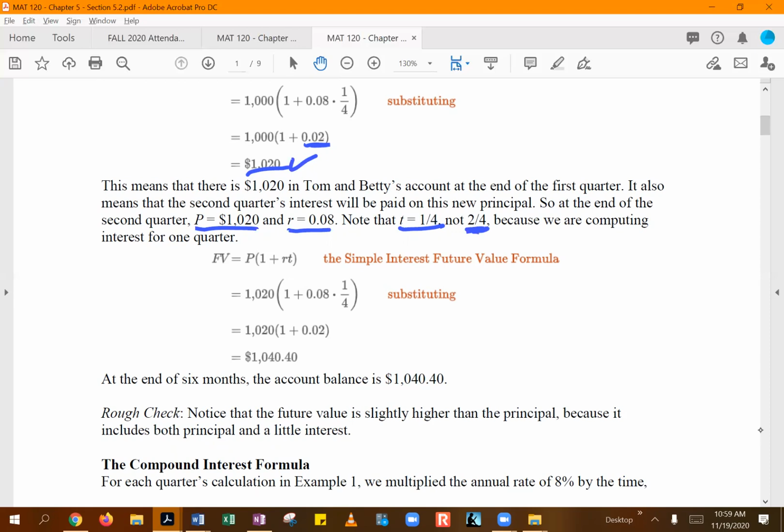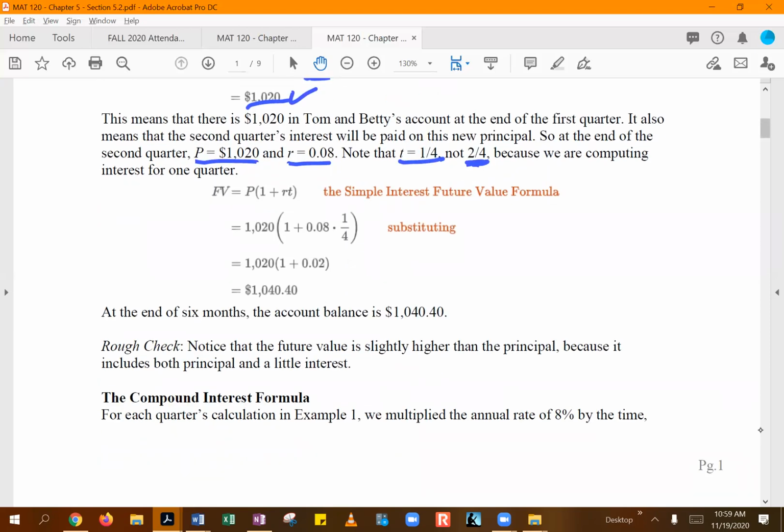The time is still 1/4. So same calculation inside the parentheses: 1 plus 0.08 times 1/4, which comes out to be 1 plus 0.02. In our second quarter, we would still be calculating at a 2% interest rate.